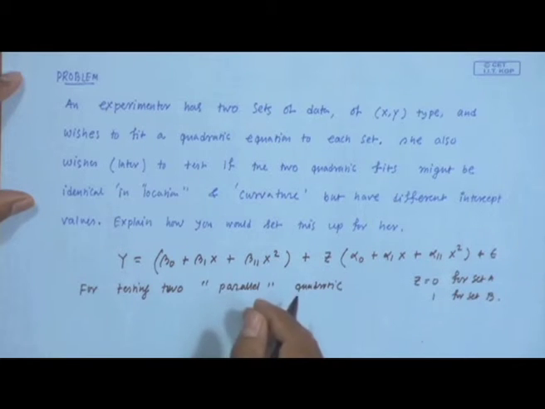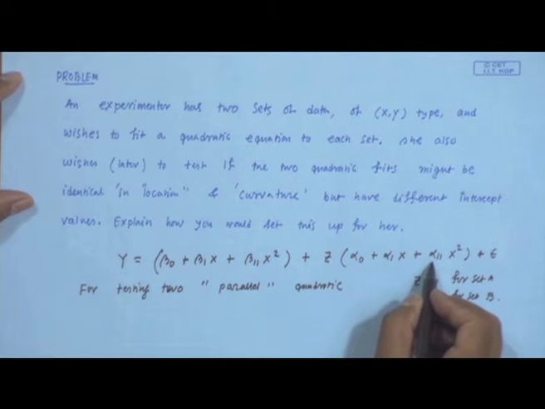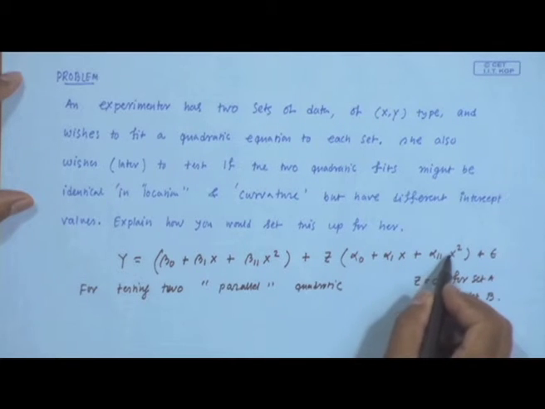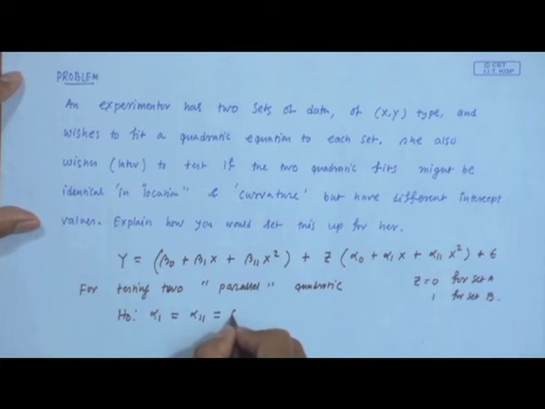What do I mean by parallel quadratic? They have the same location and curvature, only they differ in the intercept. What you have to test is whether alpha 1 is equal to alpha 2 is equal to 0. So, you test the hypothesis that alpha 1 equals alpha 2 equals 0.